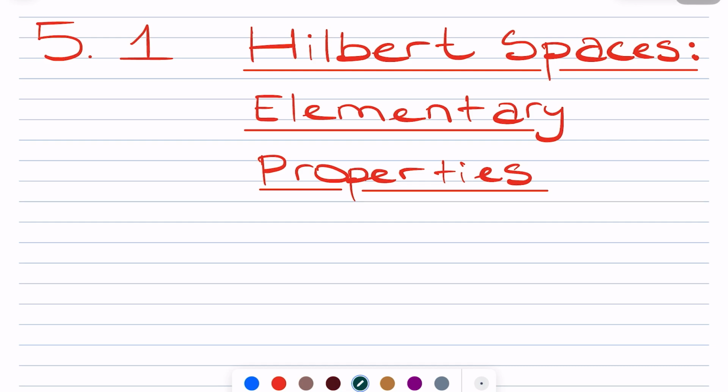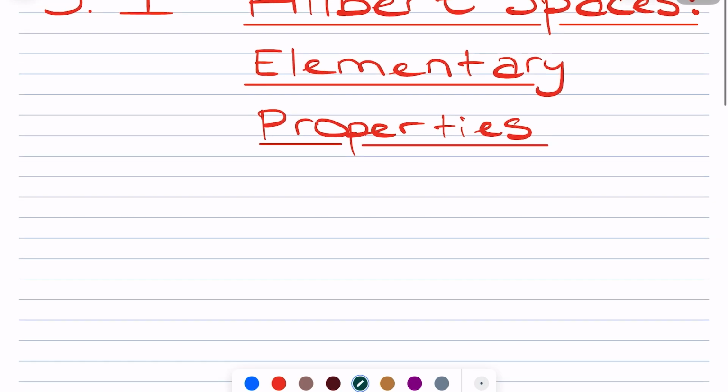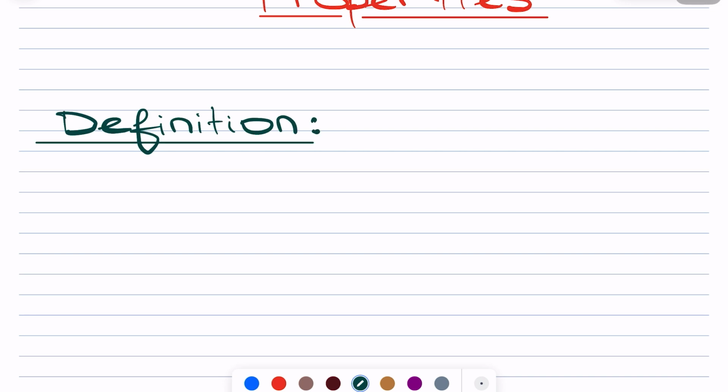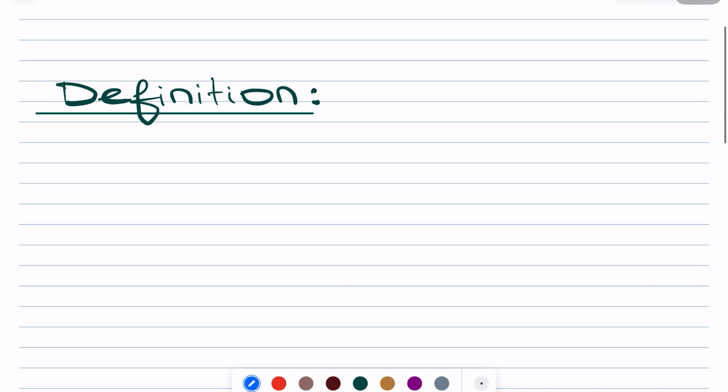So, we start by defining some basic concepts that we will need. Definition. Let H, capital H, be a vector space.